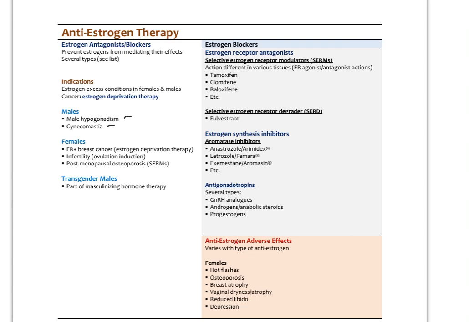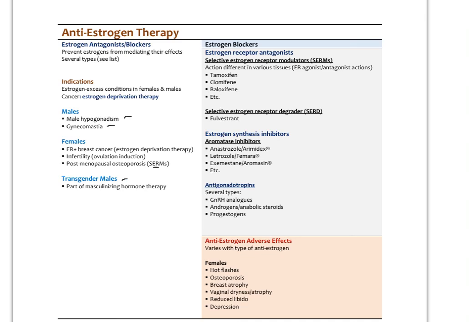In females, typically anti-estrogen therapy is used in estrogen receptor positive breast cancers, in infertility for ovulation induction, which I'll talk about here in a second, and then postmenopausal osteoporosis. Different SERMs are used for that. And then the therapy is also used potentially in transgender males, as part of the masculinizing hormone therapy.